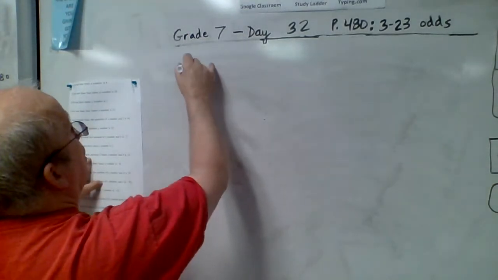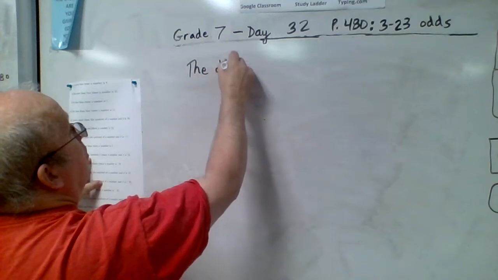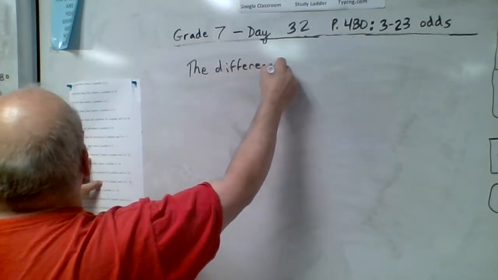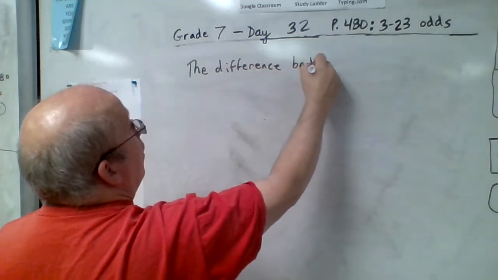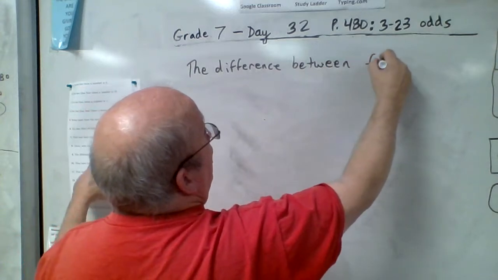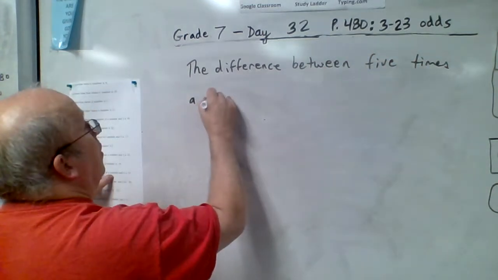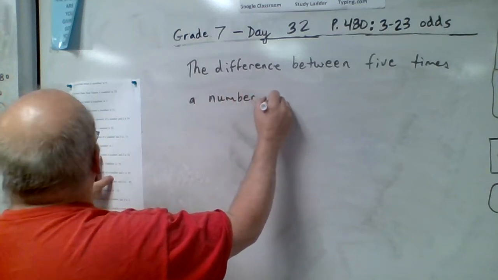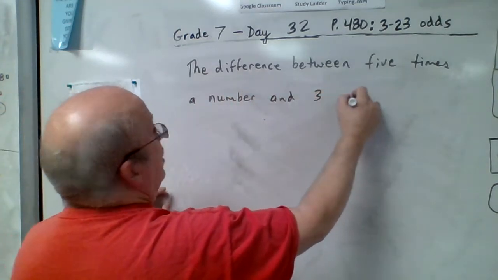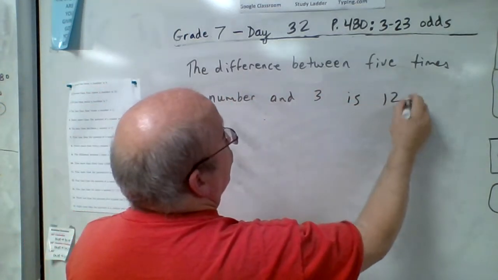How about this one? The difference between 5 times a number and 3 is 12.